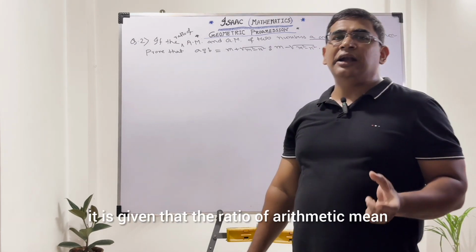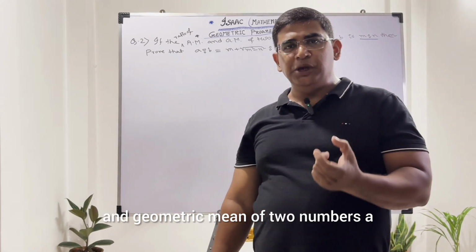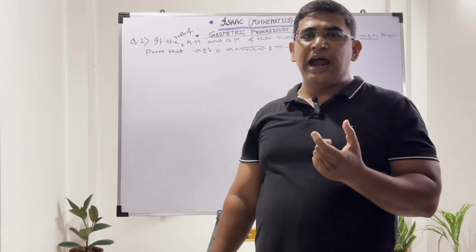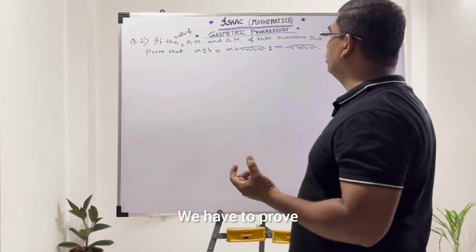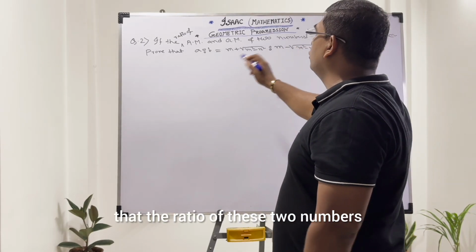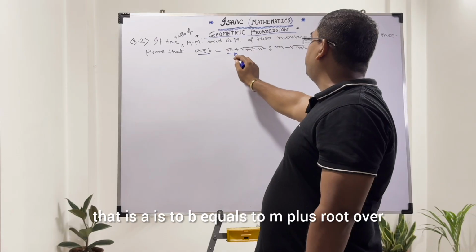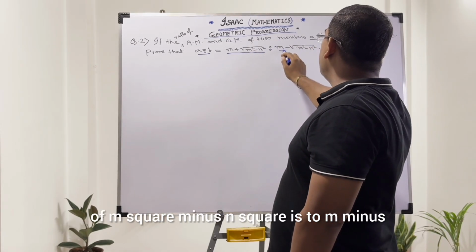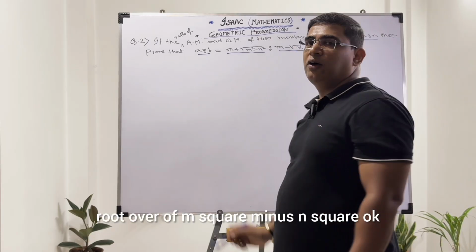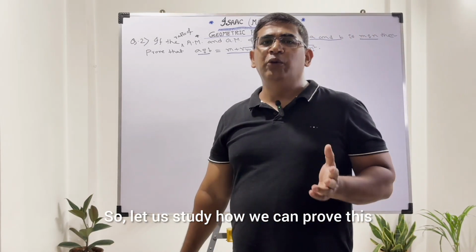It is given that the ratio of arithmetic mean and geometric mean of two numbers A and B is m is to n. We have to prove that the ratio of these two numbers, that is A is to B, equals to m plus root over of m square minus n square is to m minus root over of m square minus n square. Okay. So let us study how we can prove this.